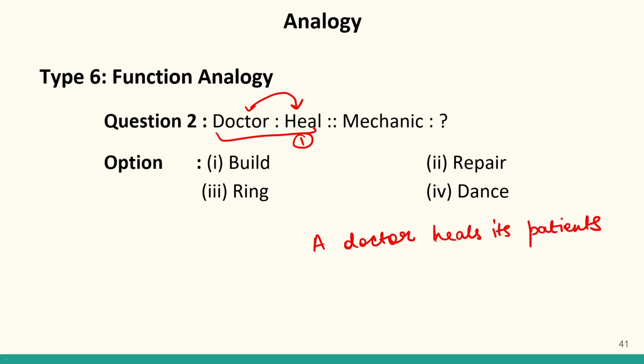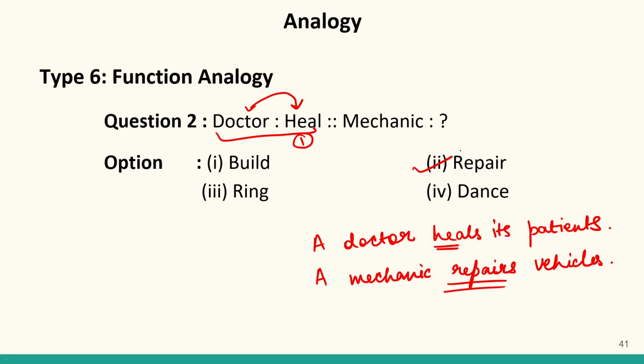So the function is healing. Similarly, a mechanic repairs vehicles. So the function performed by a mechanic is that he repairs. So answer number 2, that is repair, will be the correct answer.